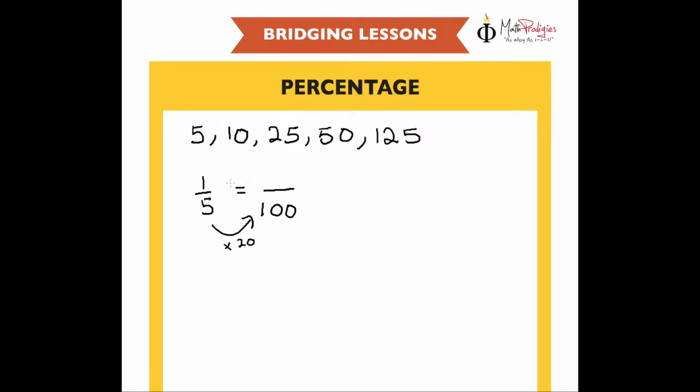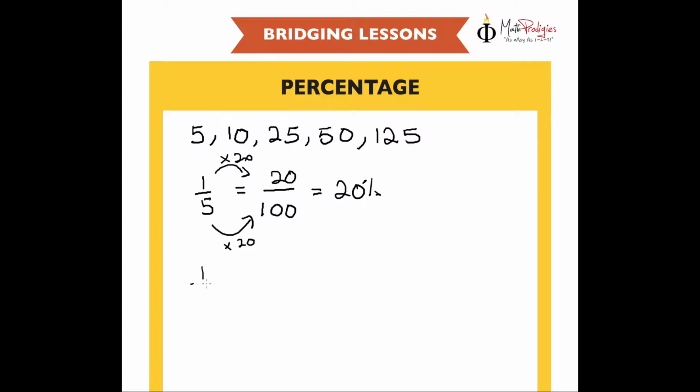That's right, 20. So our numerator must also be multiplied by 20. So therefore, 1 times 20 will give you 20. 20 over 100. Simple. What is 20 over 100? Remember, out of 100 means percent. So we get 20%.